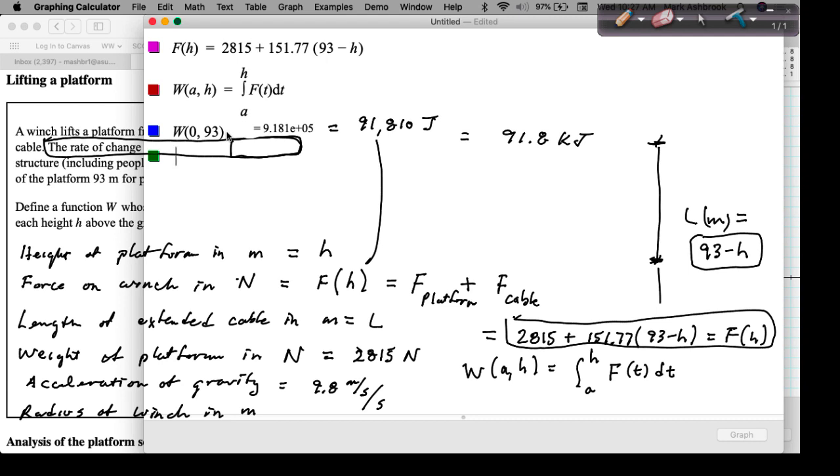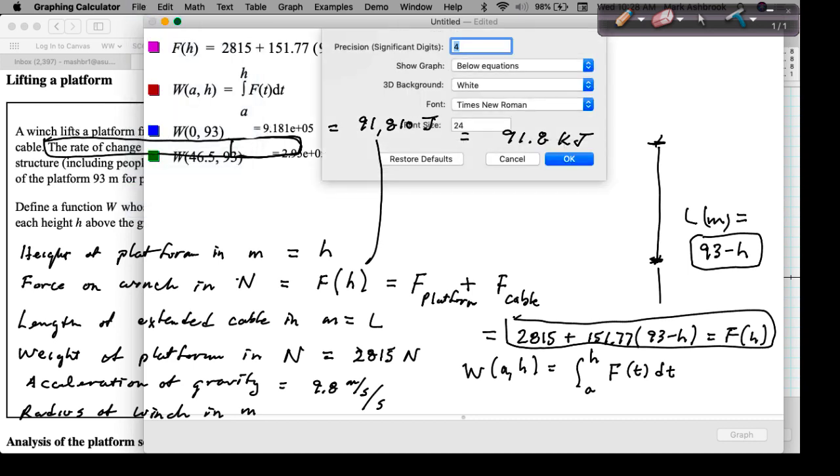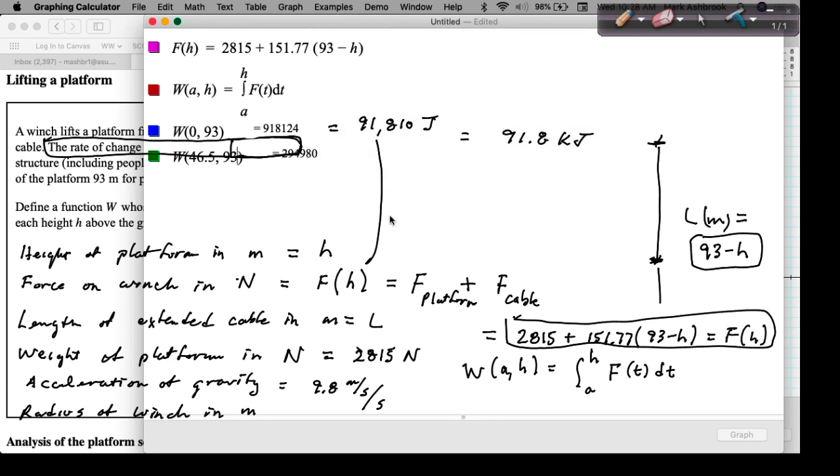So let's see how much it is. How would I find out? I want to know the second half from the midpoint up to the top. What should I put in? He wants 46.5 to 93. There we go. That's what I want.